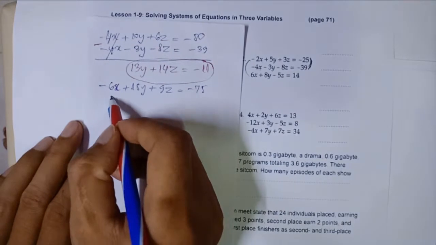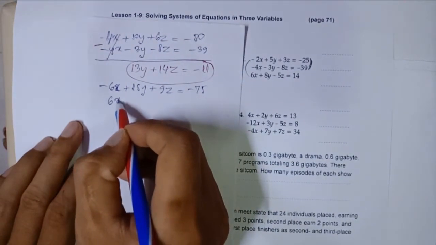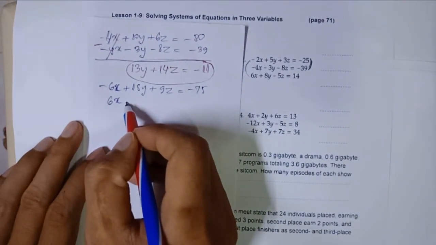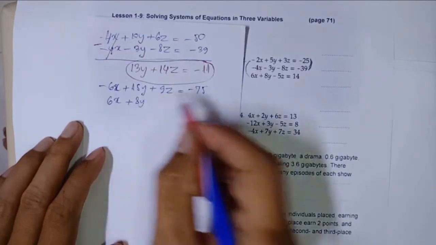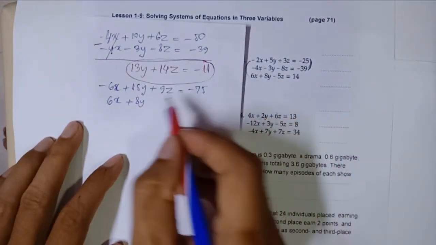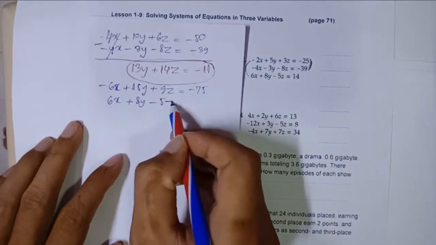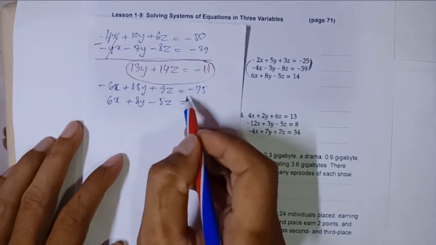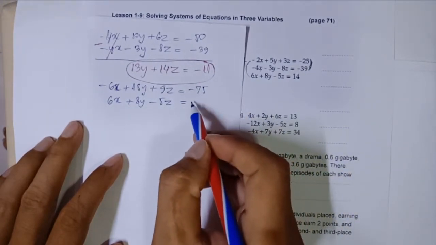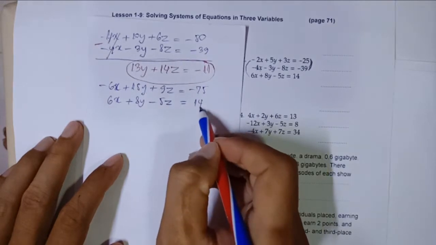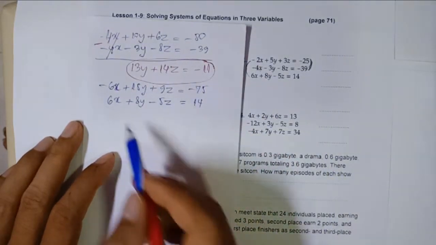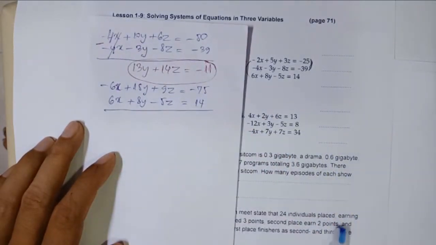And then I have 6x plus 8y, I'm going to write exactly the same, minus 5z equal to 14.